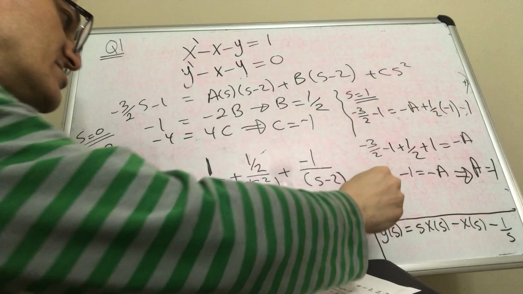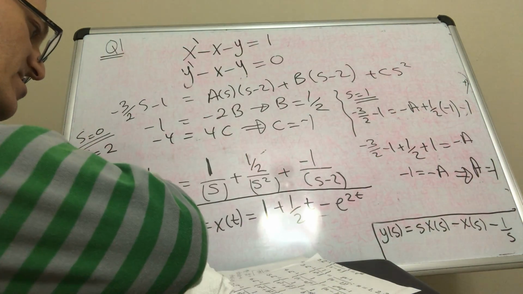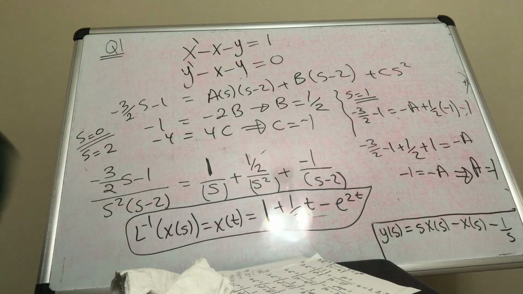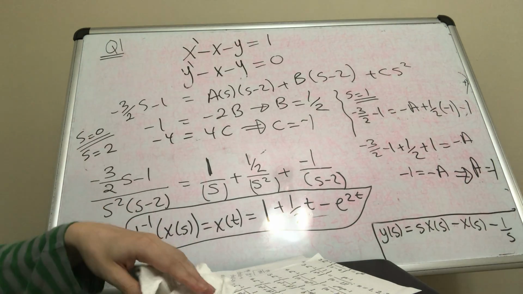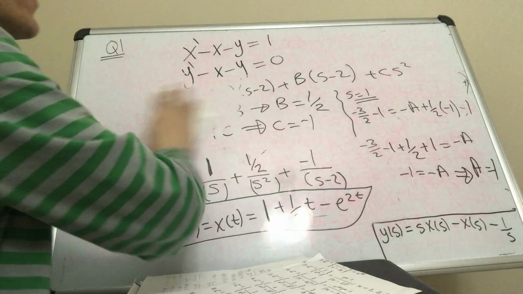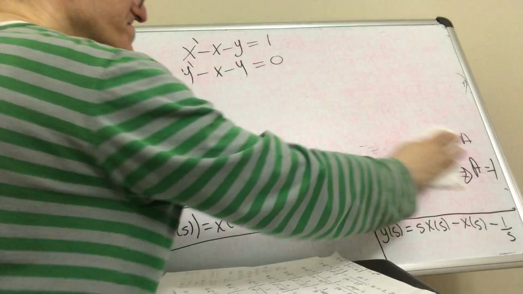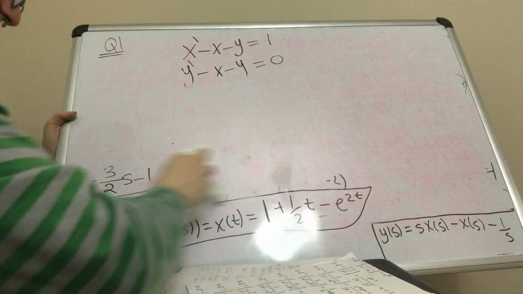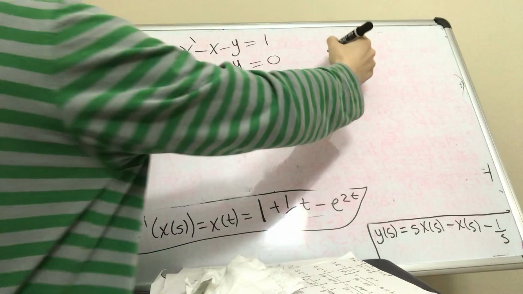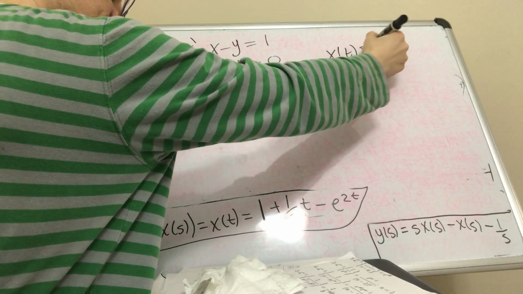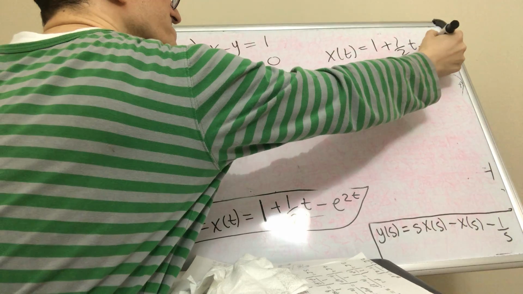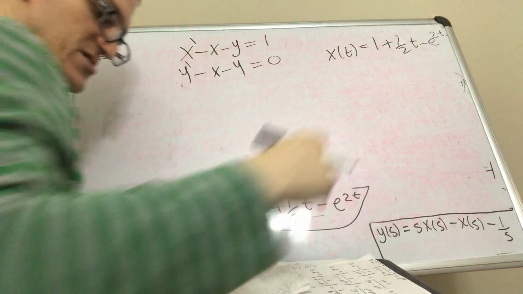So this here is x of t. But there are two things that we need to solve for. So after all of this, we only solved for x of t, which is 1 half t e to the 2t.